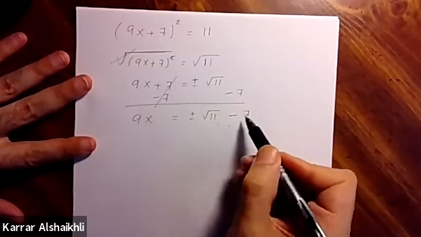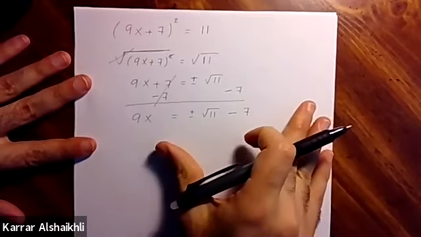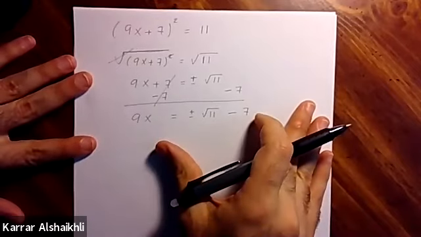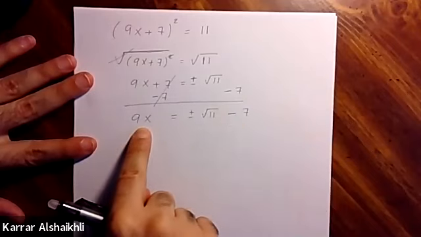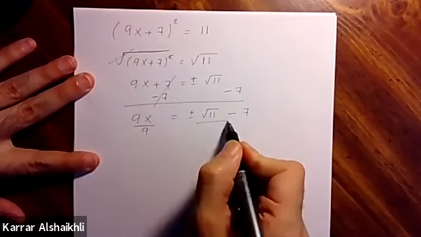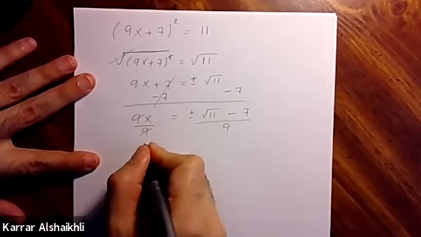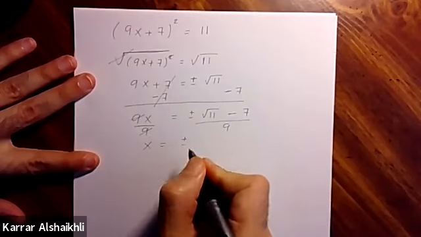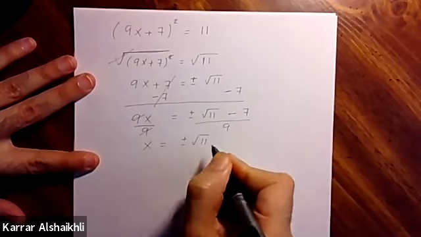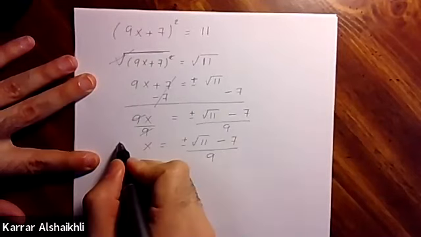I can't add these two numbers because this one has a root and this one doesn't, so just keep it like this. Now, next step, I need to leave the x by itself, so I'm going to divide both sides by 9. So cancel these, x is going to be equal to plus or minus square root of 11 minus 7 divided by 9.